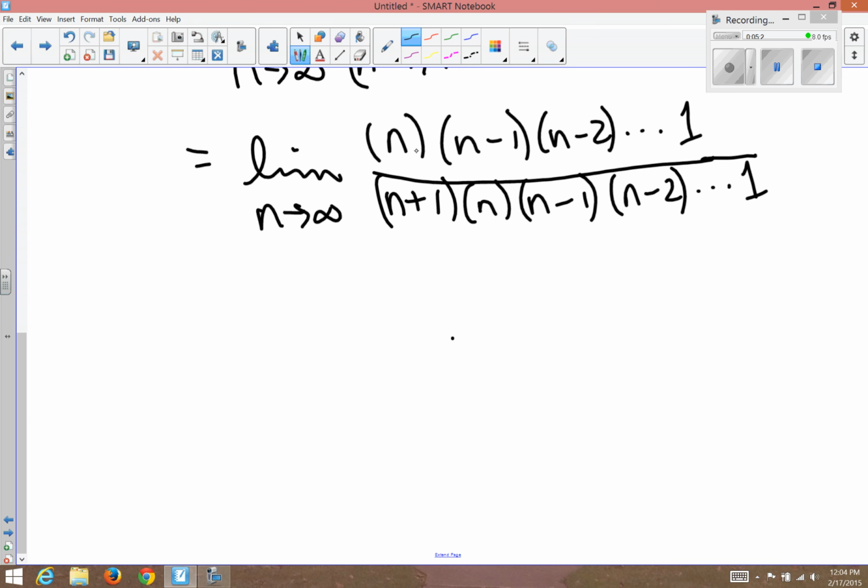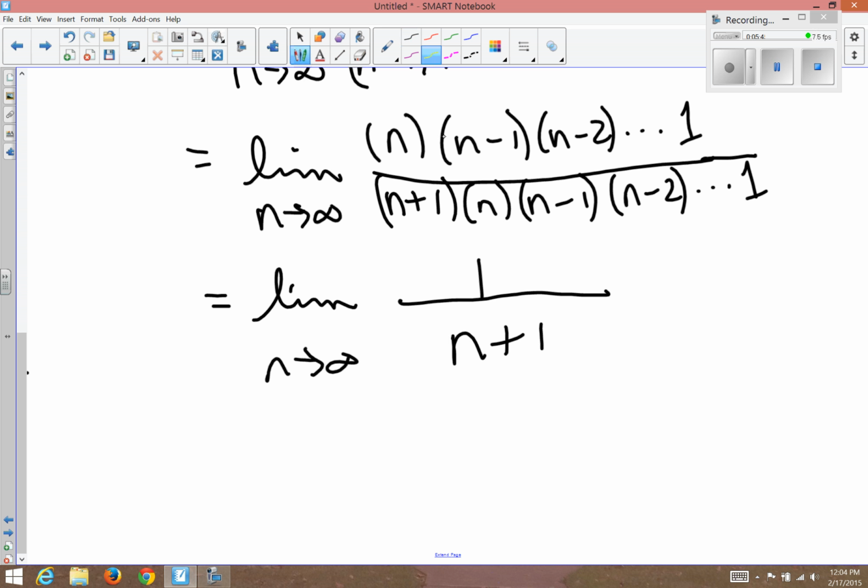So n factorial is on the top, n plus 1 factorial is on the bottom. After canceling, we have the limit as n approaches infinity of 1 over n plus 1.